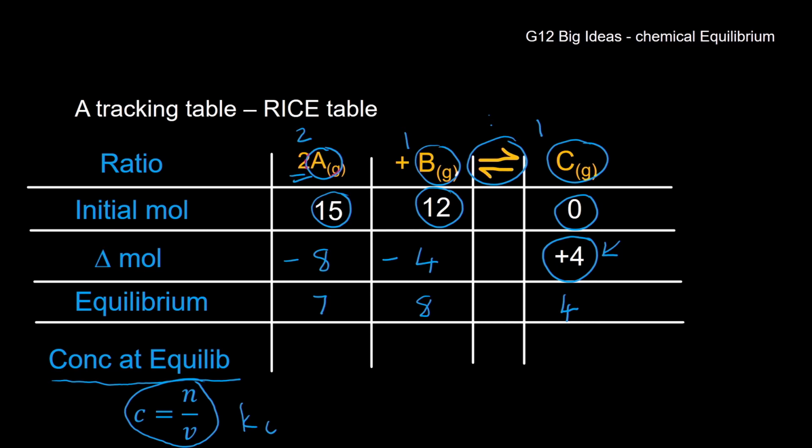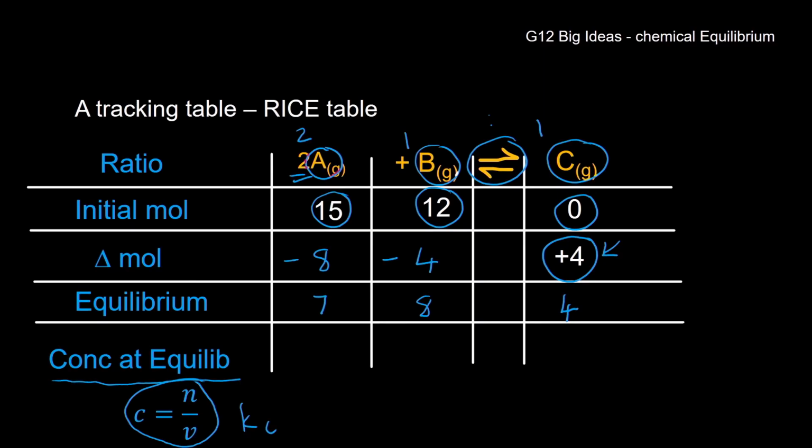Now, the concentration at equilibrium, according to this equation, is number of mole divided by the volume. So if we say that the volume is 1 decimeter cubed, then we can divide each one of these by 1, and so we'll get 7 mole per decimeter cubed.